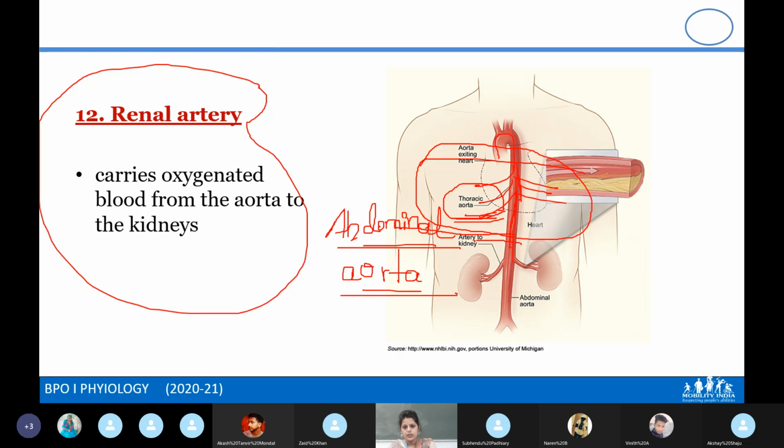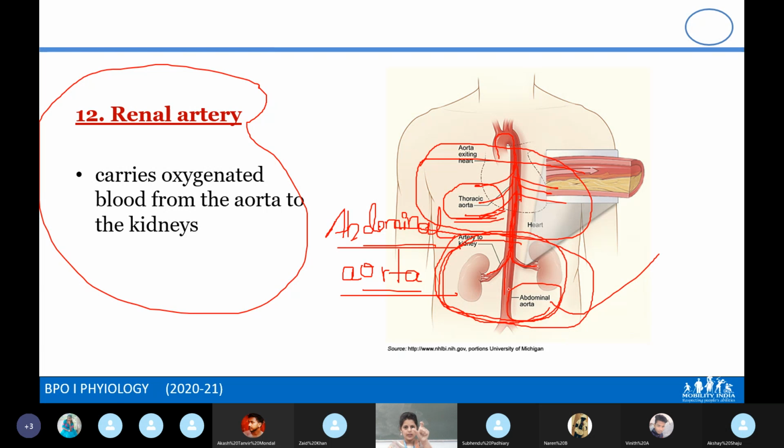You can see here, this is the stomach, and this part is supplied by the abdominal aorta. Now in the abdomen, the aorta gives a branch that supplies the kidneys, on both sides.